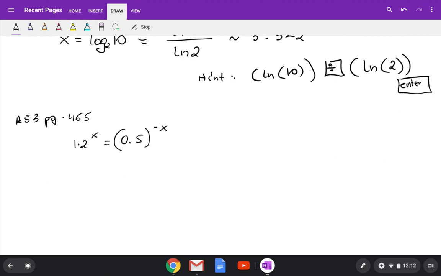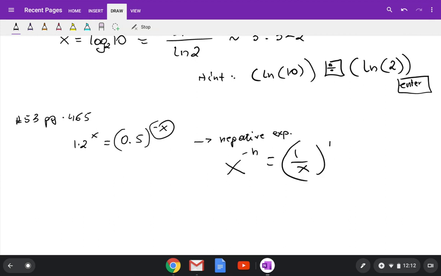Okay, so first of all, what I see is a negative exponent. So hope you guys remember the rule that x to the power of negative n is the same as 1 over x to the power of n. So that's what happens when you have a negative exponent.